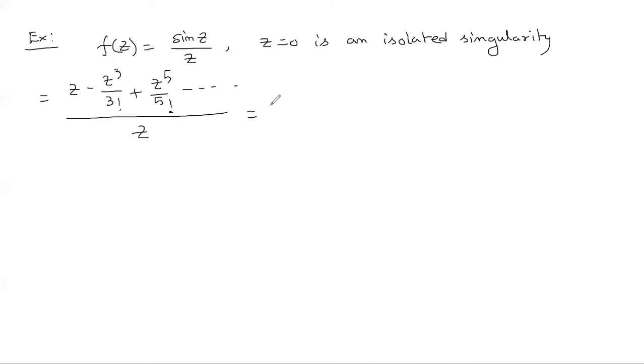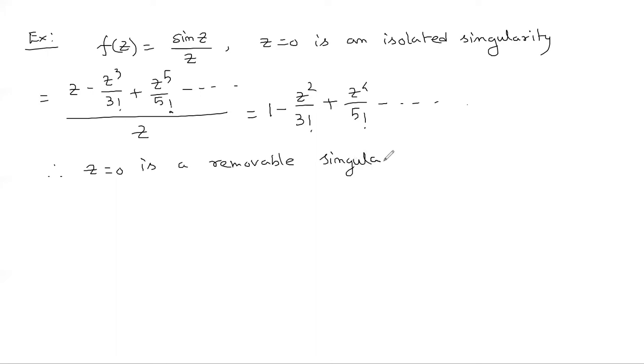And here we get 1 minus z square by 3 factorial plus z power 4 by 5 factorial and so on. So here we can see the principal part contains no term. So z equal to 0 is a removable singularity. So we can see the residue of f at the point 0 is 0.